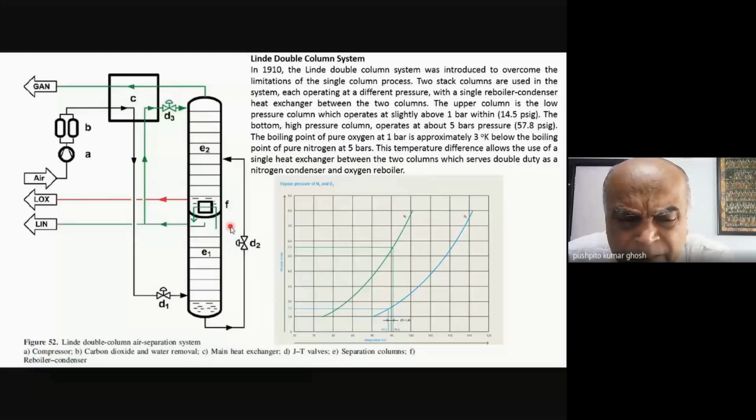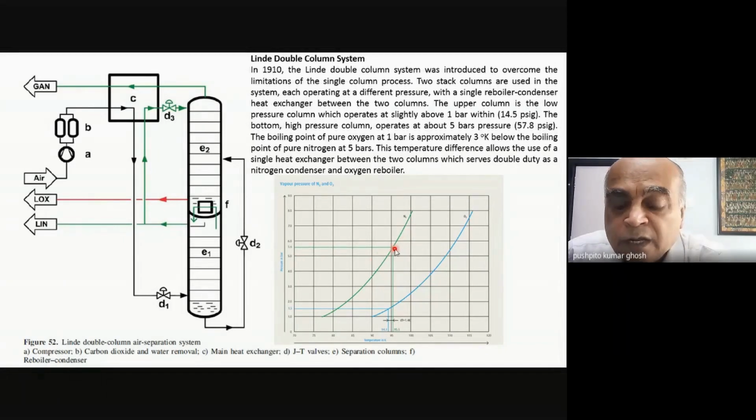See, it doesn't matter which column, whether it's this column or this column, the oxygen will always be at the bottom. Remember that for both these columns, you have to compare like for like. So if you're comparing here, you can see that over here, the boiling point of nitrogen is lower than the boiling point of oxygen. At 5 bar pressure also it is the same.